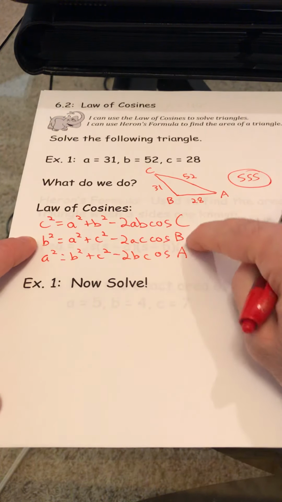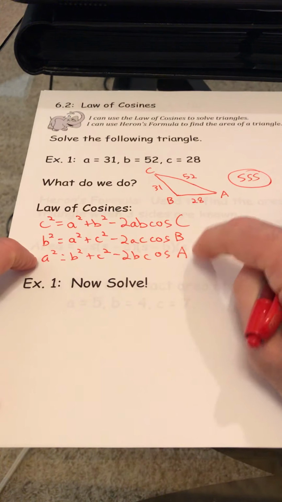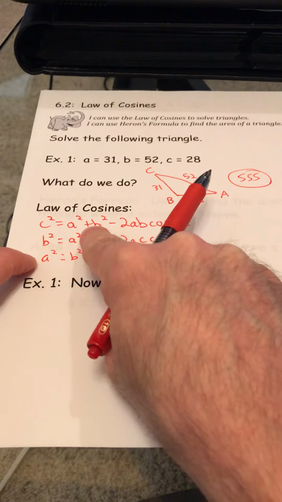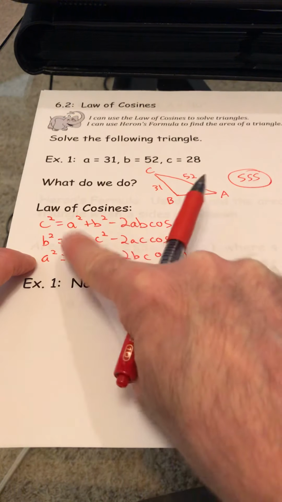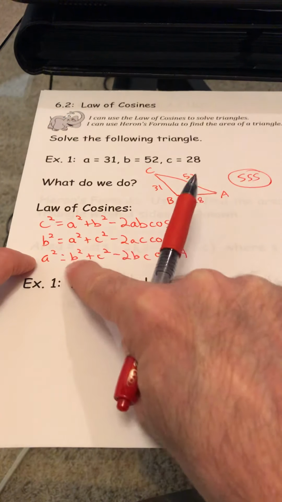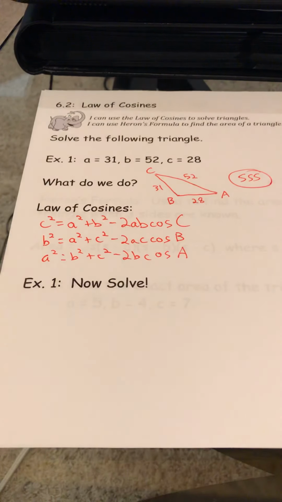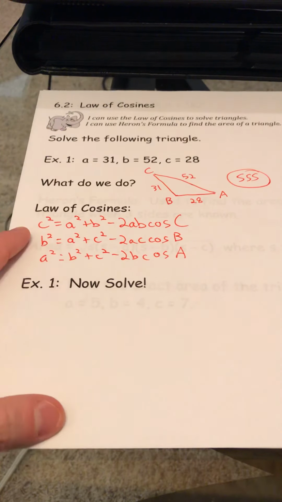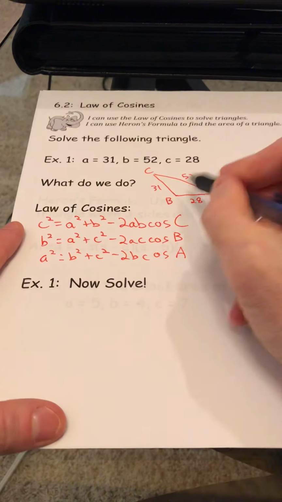Here, b squared, cosine of B; a squared, cosine of A. And notice these two sides will always show up here: a and c, b and c. So you're really only using one formula, but there are three variations of it.